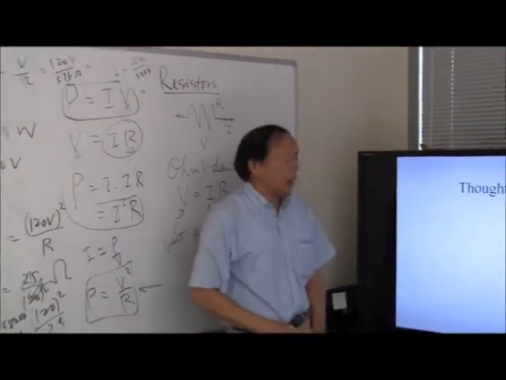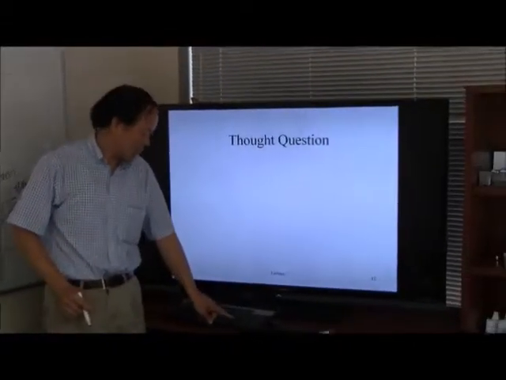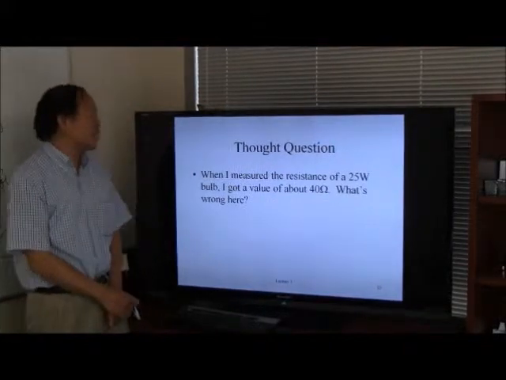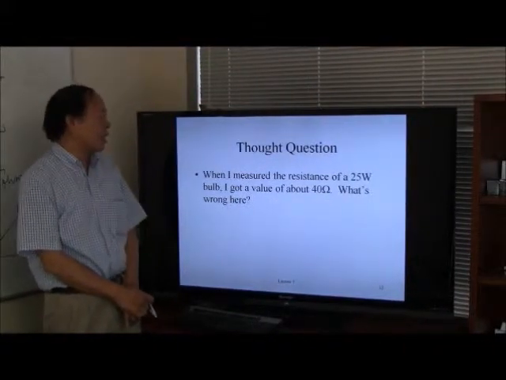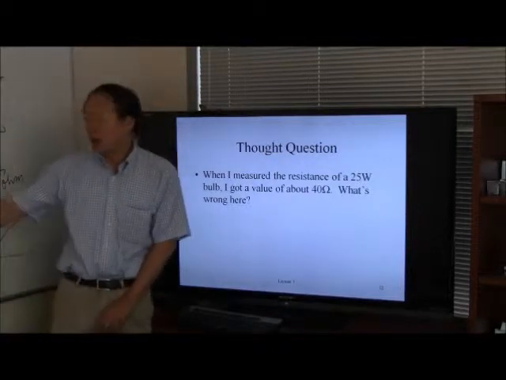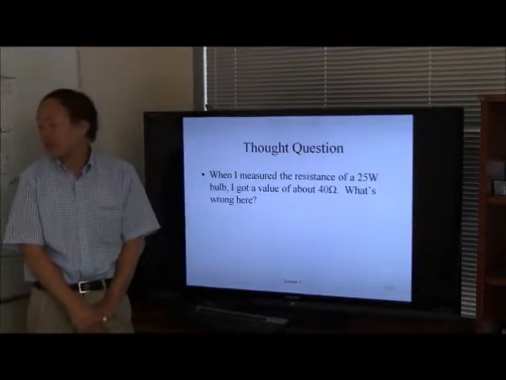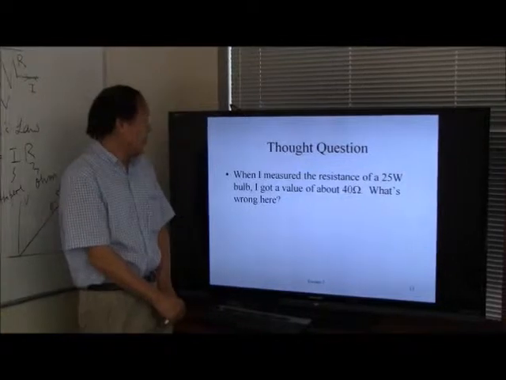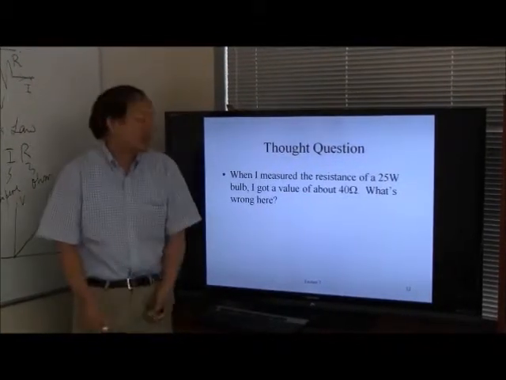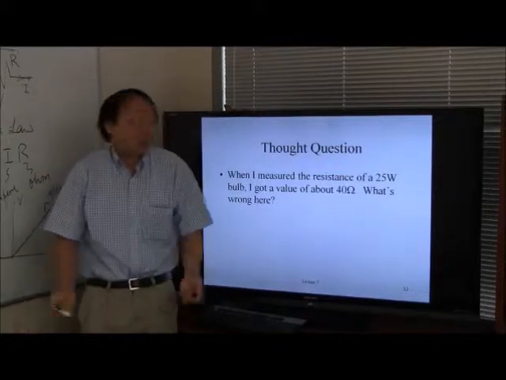Now, I give you a thought question. When I measure the resistance of a 25-watt light bulb, I got a value of only 40 ohms. What is wrong here? According to our calculation, we have 576 ohms, but when I literally measure the resistance, it's only 40 ohms.